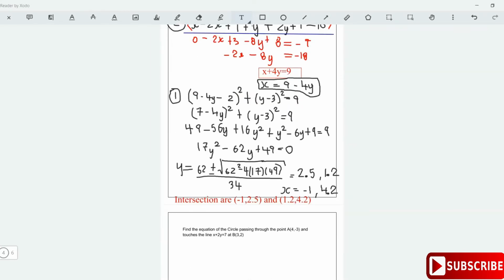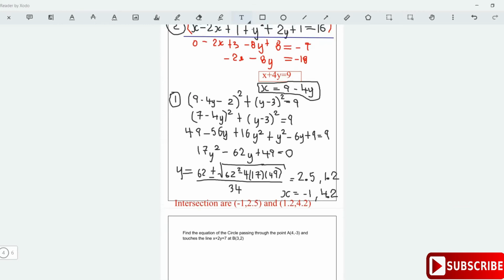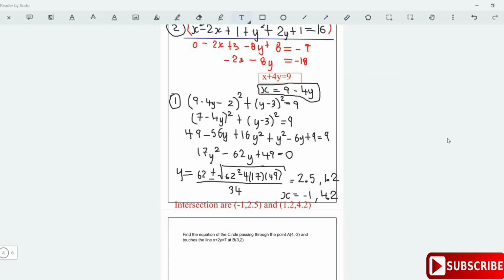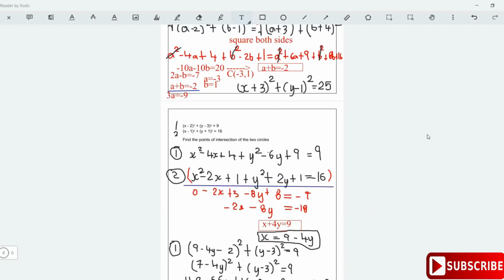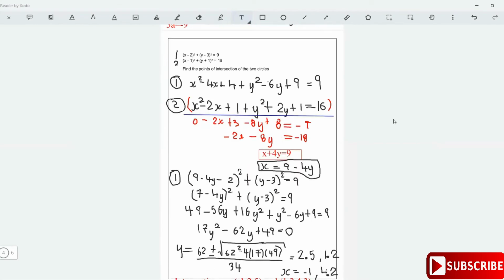So look at this circle right here. The first circle is (x minus 2) all squared plus (y minus 3) all squared equals 9. So the radius is 3 and the center is (2, 3). So let's do that.